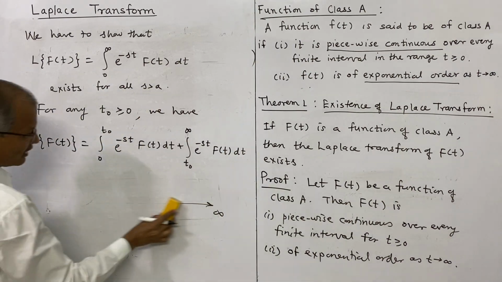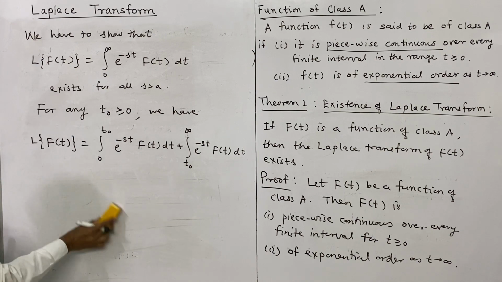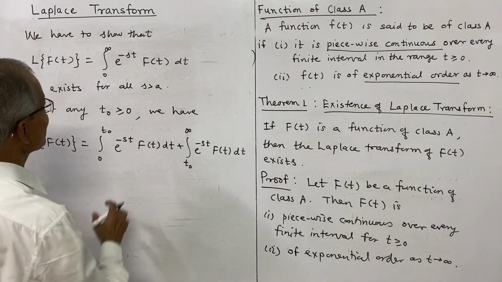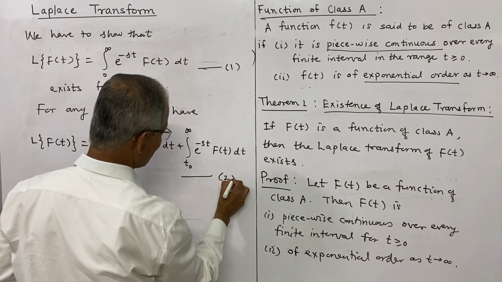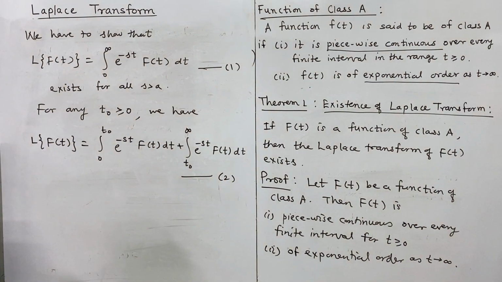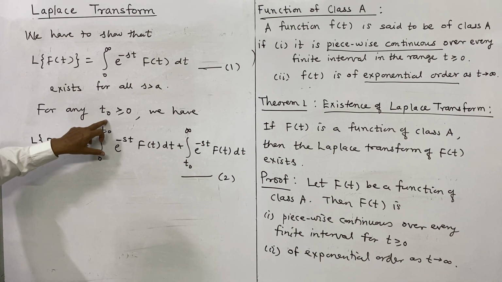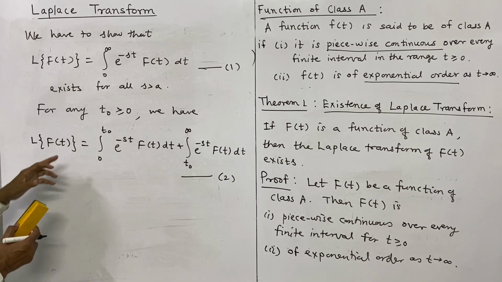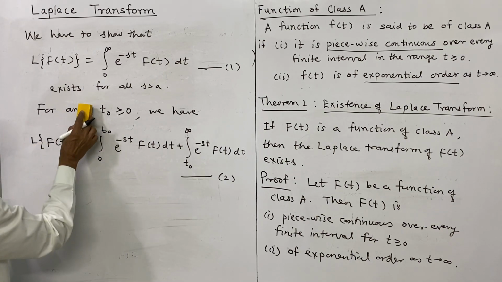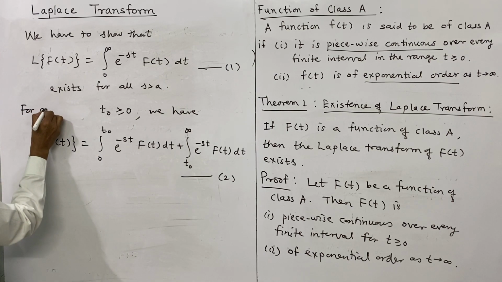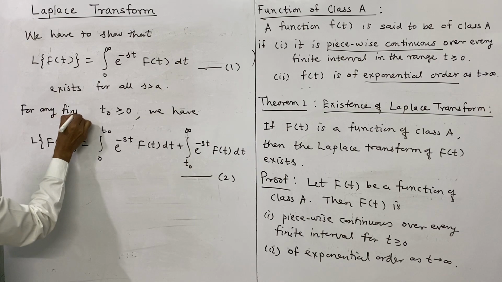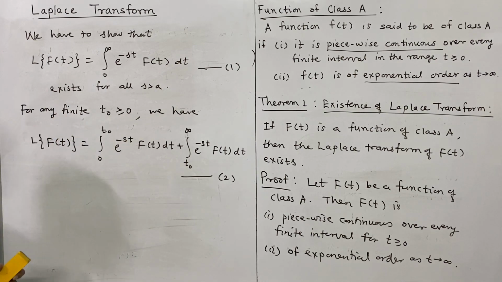Now we will call this 1 and this 2. Both are actually the same, but t naught is any finite value greater than or equal to 0, and we can write the integral in this form.